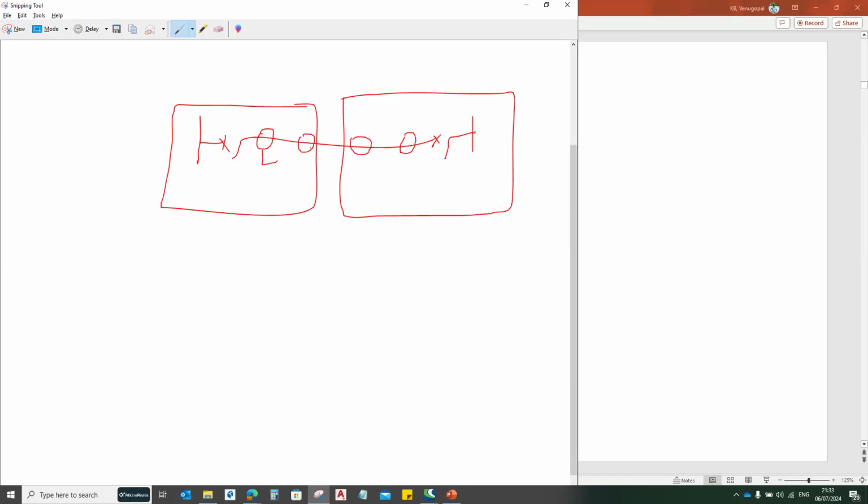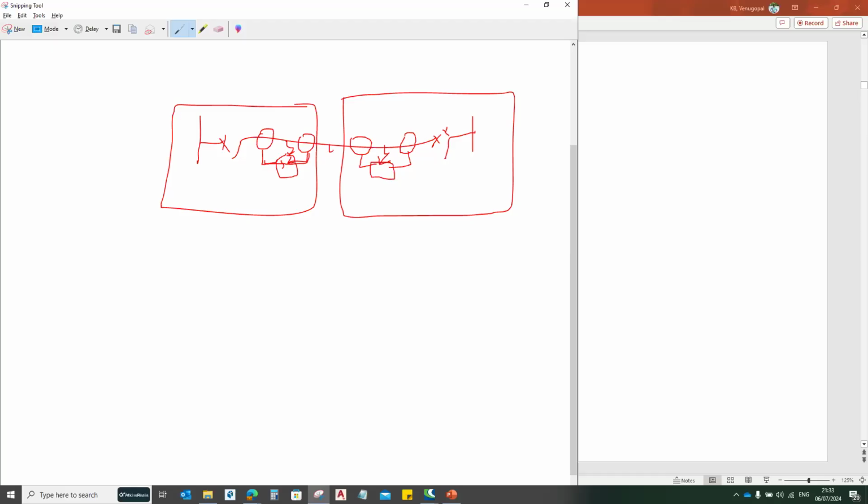These two CTs are connected to one relay and these two to another. If there is any fault in this particular area, these two CTs will sense that fault, and the protection in this area will operate and trip the circuit breaker. Similarly, as this CT looks this side and this CT looks this side, with relays connected in between, if there is any fault in this area, this relay will operate.